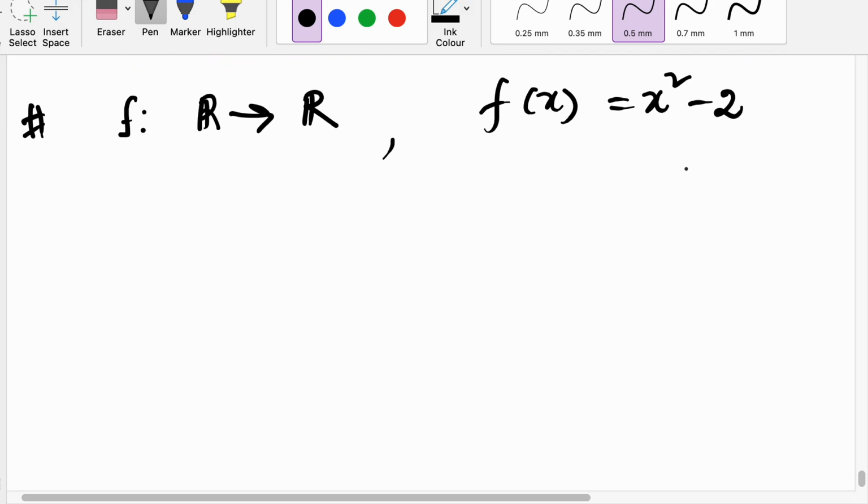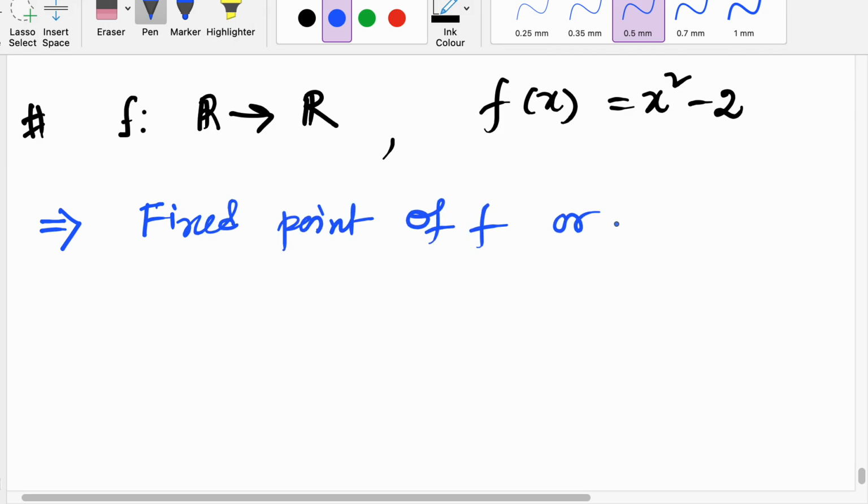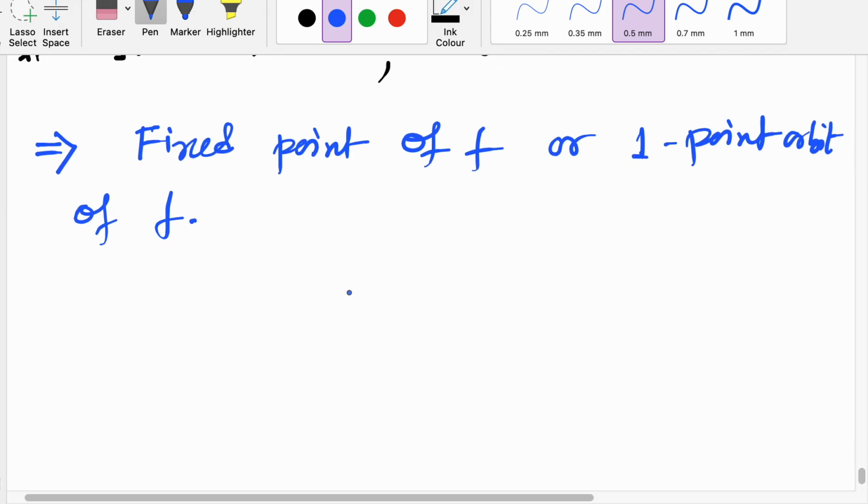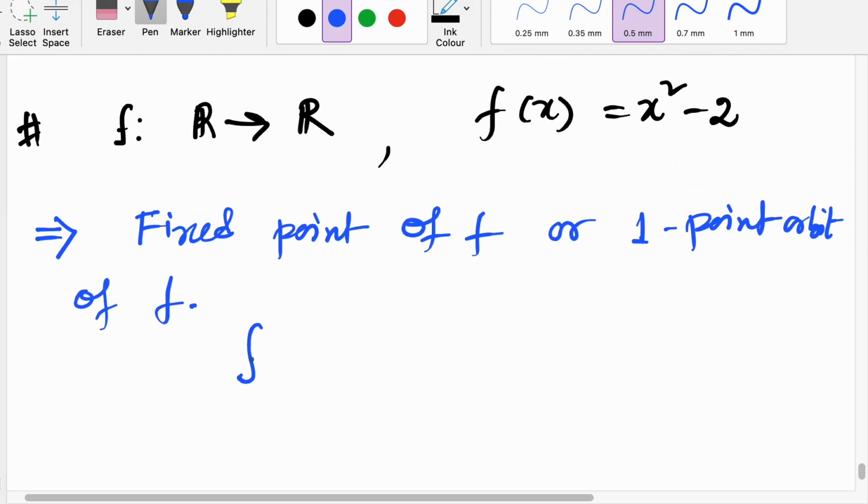First of all, let us calculate what will be the fixed point of f, or the 1 point periodic orbit of f. A 1 point periodic orbit means that by application of f once, x0 will remain x0.